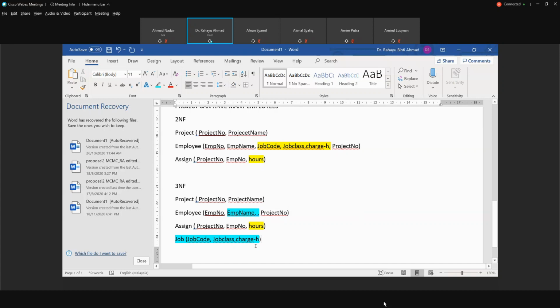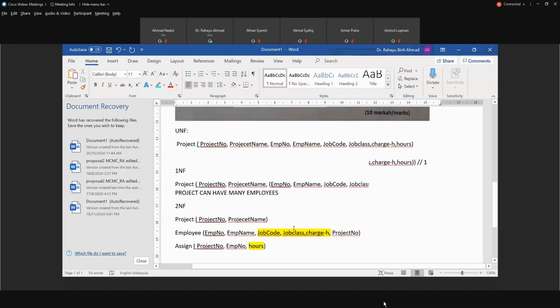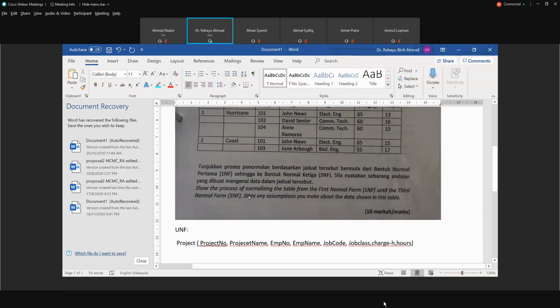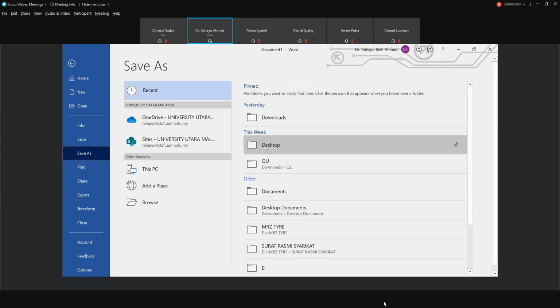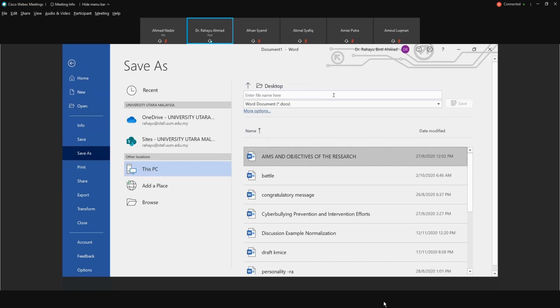Okay? I hope by this demonstration you can further understand your normalization concept, ya. Sekejap lagi saya share dekat ni.